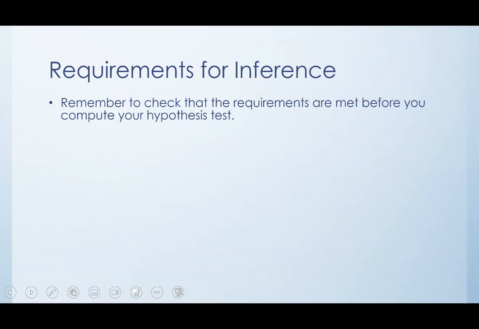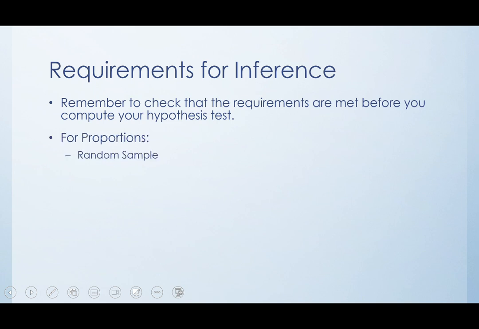And if the conditions weren't met, the answer is going to be no, you shouldn't, because the central limit theorem doesn't really hold because the conditions weren't met. Maybe our sample wasn't random, so it's not representative, things like that. Even if it was random, it could still be not representative if it wasn't drawn from the appropriate population.